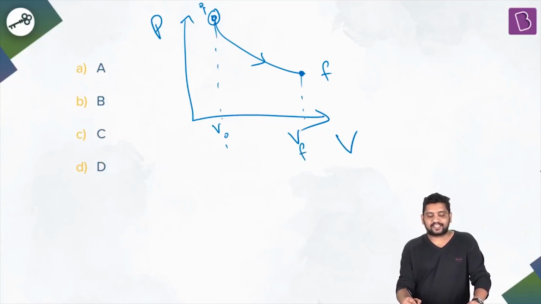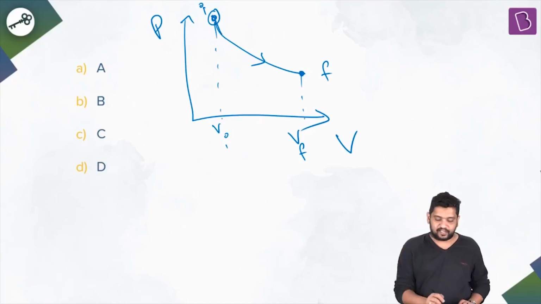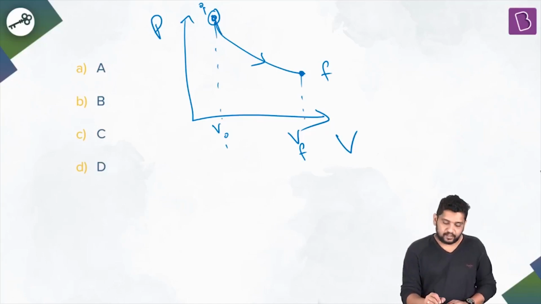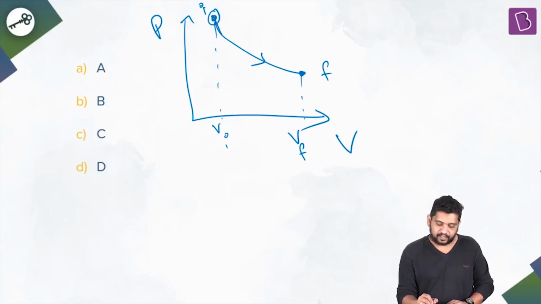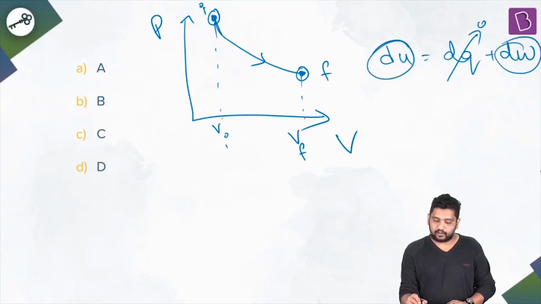Now, as far as adiabatic expansion is concerned, right? Obviously, when you're looking at isothermal expansion, the name itself tells you the temperature is the same, right? So the temperature at the initial point and the temperature at the final point are the same. Right. Now think about adiabatic. In adiabatic we know that dq is going to be 0. dU is supposed to be equal to dq plus dw from the first law. dq is of course 0, so dU will be equal to dw, right?